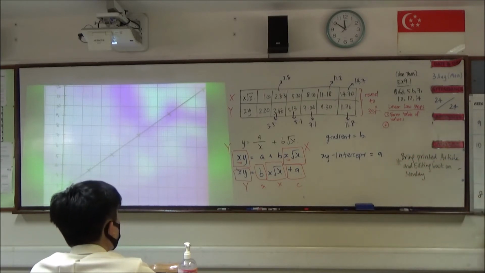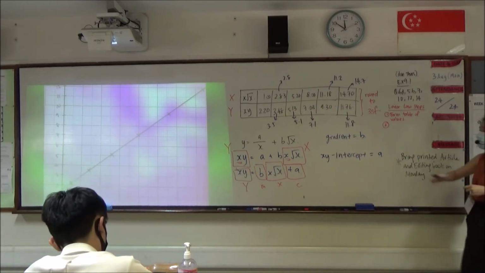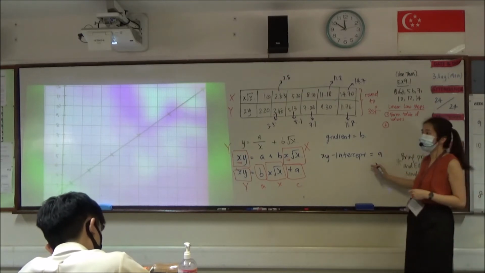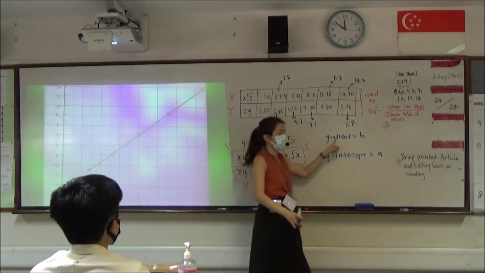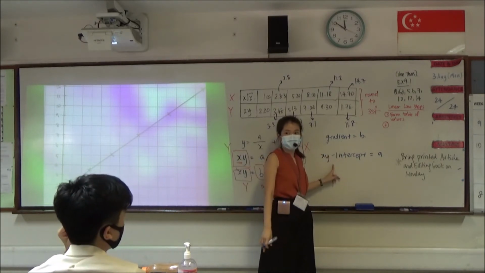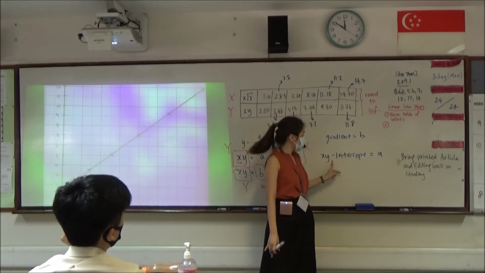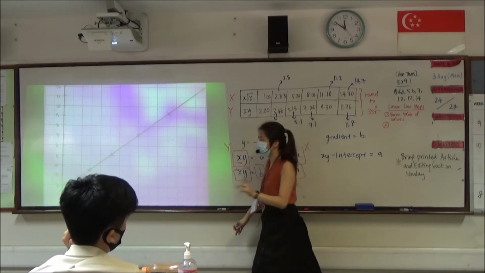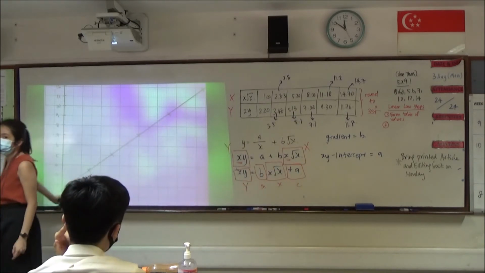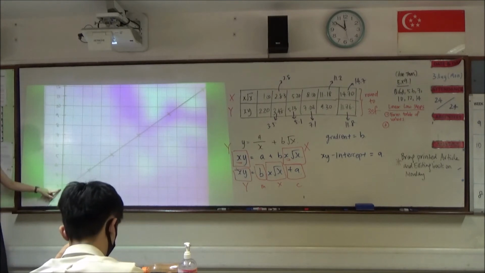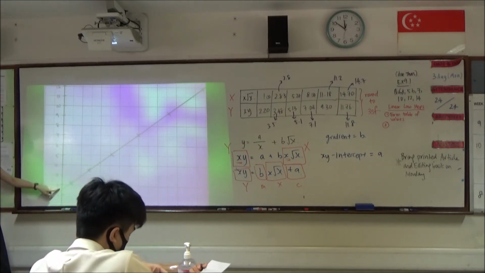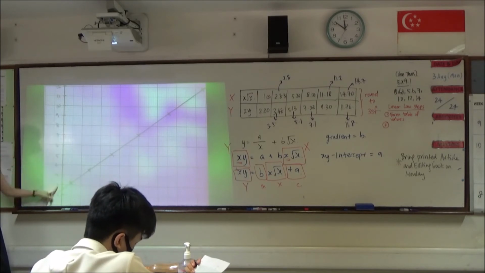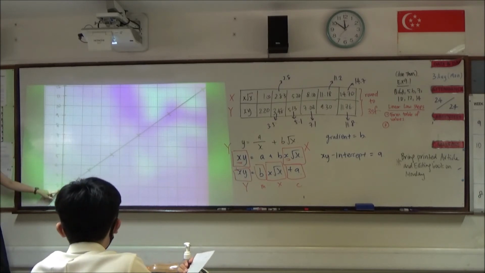To find out the value of B and A from the graph, I need to find the gradient and the intercept value. The intercept value is easy to find, which is just right over here. That is the reason why I ask you to extend your line, which is compulsory, until you meet the vertical axis. So what is the value that you can read from the graph?